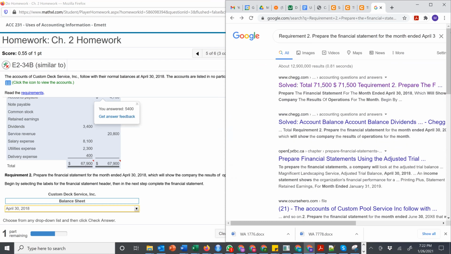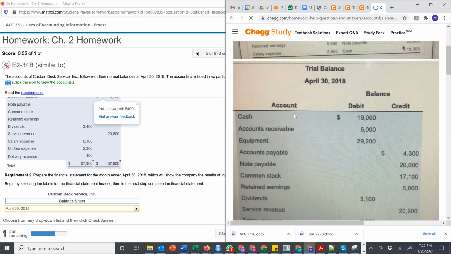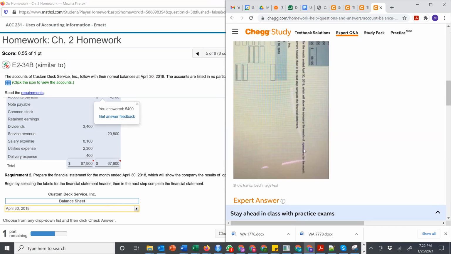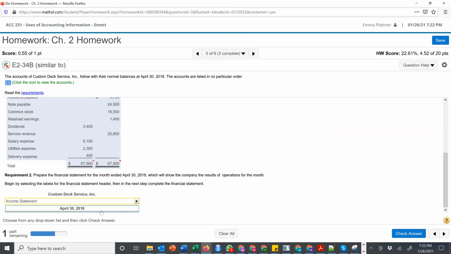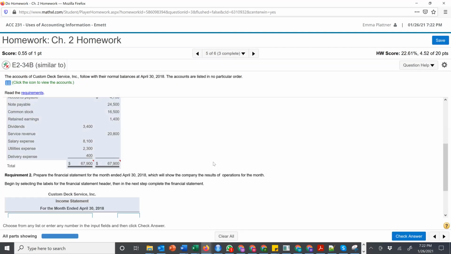Let me see if I can find another reference here. Trial balance. Ooh. So they go income statement for the month ending, which is what I originally had. We'll try that. Okay, so there it is.